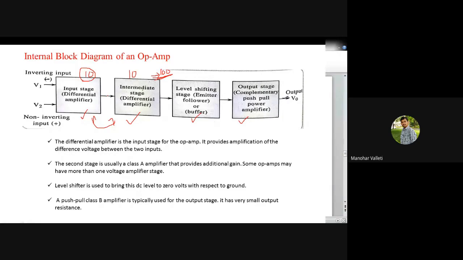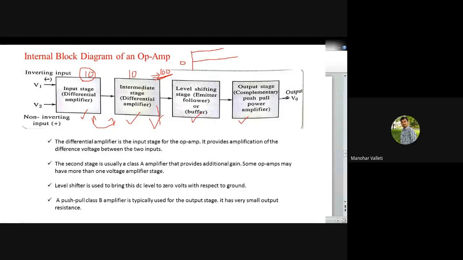So the DC also gets amplified, and while coming here after the intermediate stage, the DC level will not be at zero. The DC level of the circuit will go above. That makes the transistors operating inside the circuit saturated. But if you want to operate the BJT as an amplifier, we need to operate it in the active region.